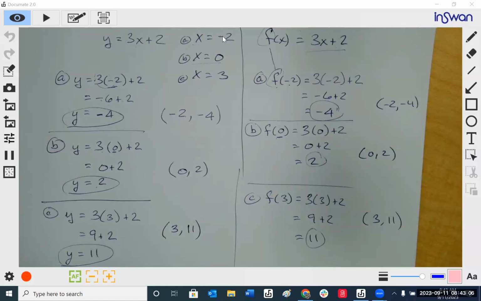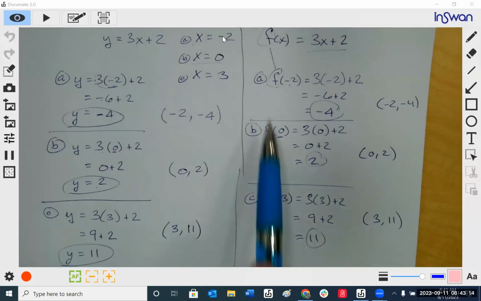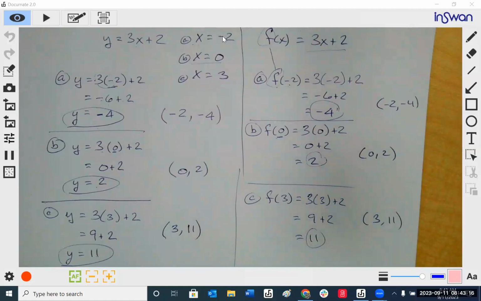So first off, functions are a lot cleaner to use. There's less writing. You don't have to put this whole legend up here. Whatever I want, I can put inside there.